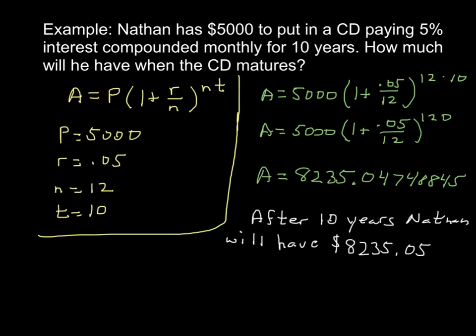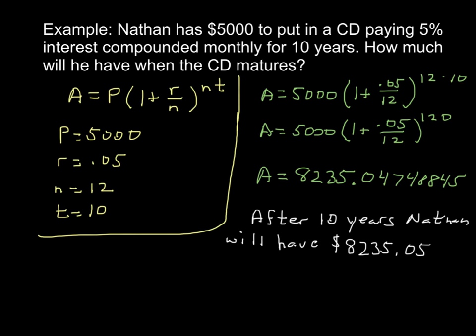Since we're compounded monthly, I know n is 12. And since it's going for 10 years, I know t is 10. So I'm going to take all that information and put it into its spot in this equation. When I do that, I get A equals 5,000 times 1 plus 0.05 over 12 raised to the 12 times 10 power.